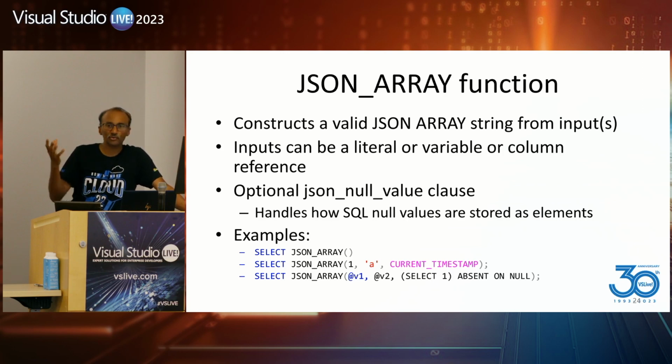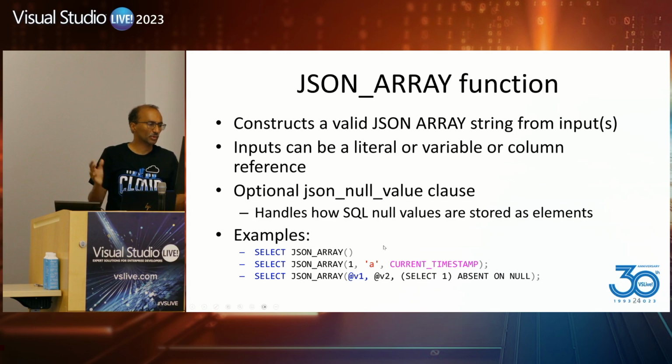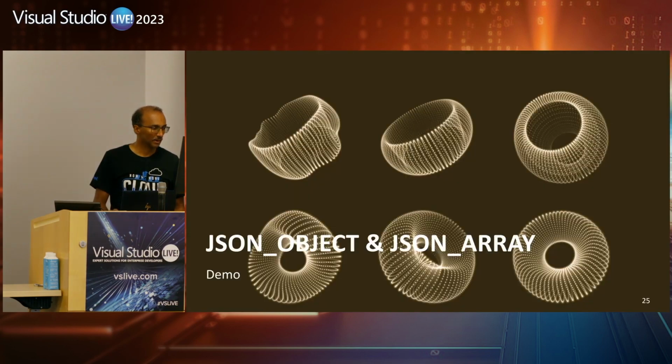So what it will do is convert it to a string and put it there. Same way, if you were to take a hierarchy ID value or something and try to put it in JSON, you have to transform it to strings. Yeah, so same example here, you can pass variables and just a query, for example, anything.